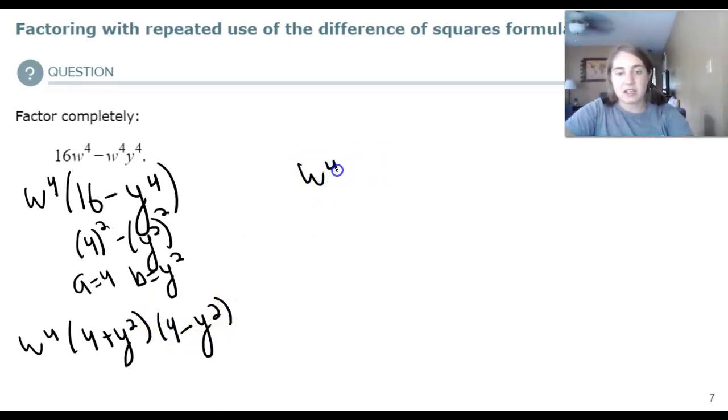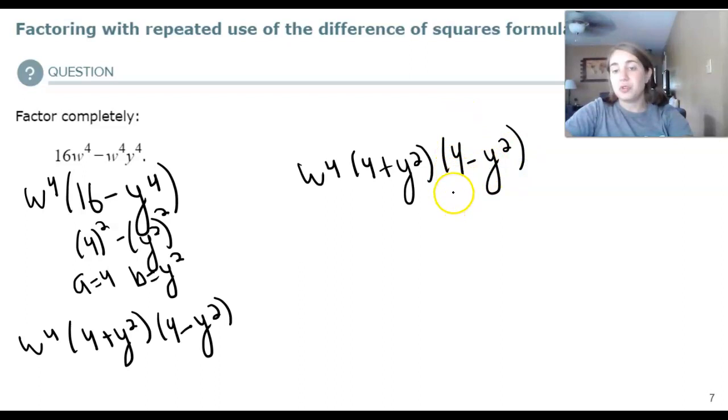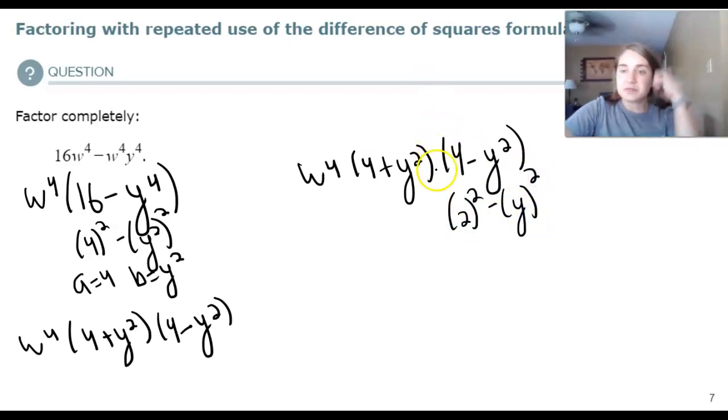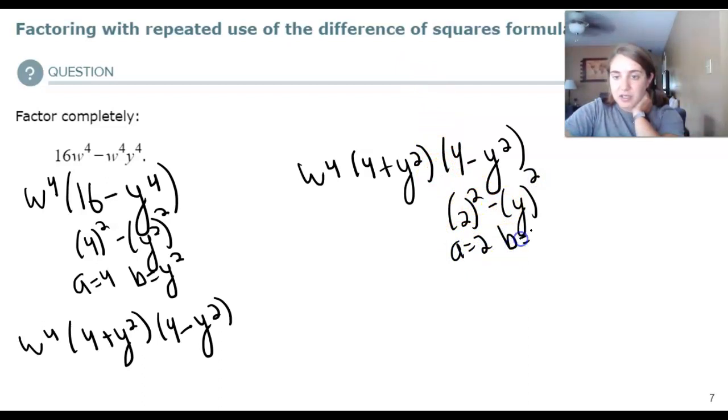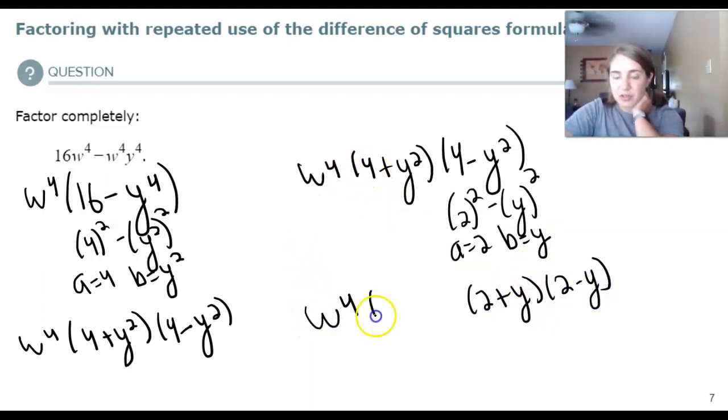And then I can actually do a squared minus b squared again here. So a is 2 and b is y, so that'd be a plus b, a minus b. And I still have the w to the 4th, 4 plus y squared.